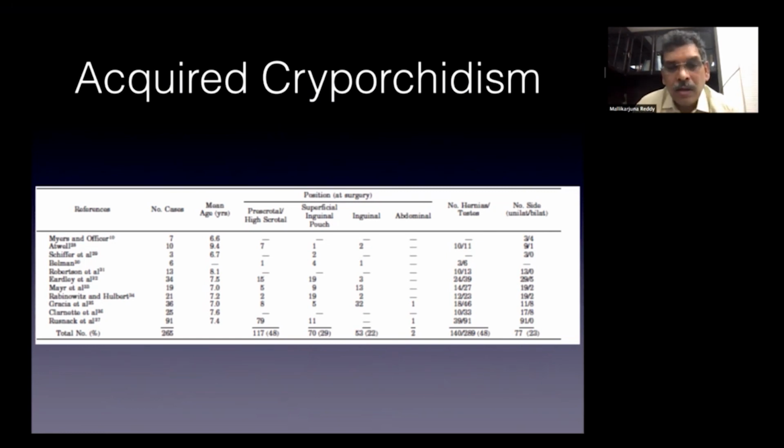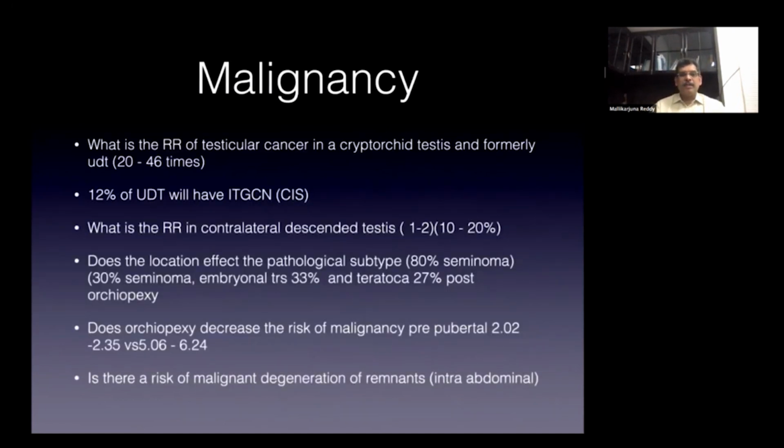Now, if a testis is in the intra-abdominal position or not in the scrotum, we all know that this testis has a higher risk of malignancy. The relative risk of testicular cancer is around 20 to 46 times if it is an intra-abdominal testis.